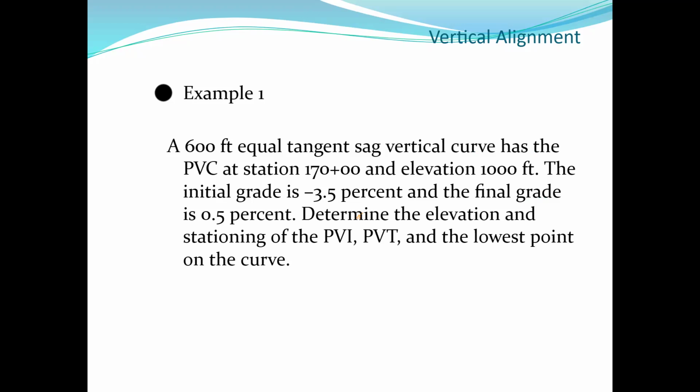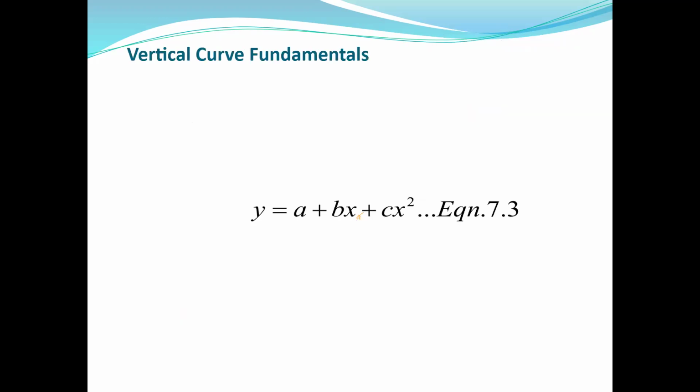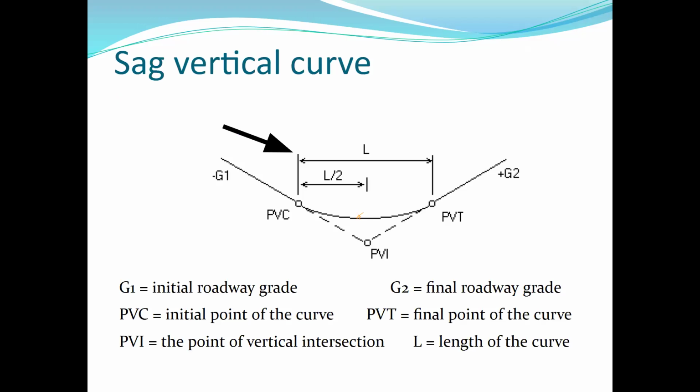But let's think about all the things that are relevant in a sag vertical curve. Go back to the sag vertical curve equation here. Some of the things that are relevant are G1, G2, the length of the curve L, and for PVC, the X value. PVC is always X equal to 0.